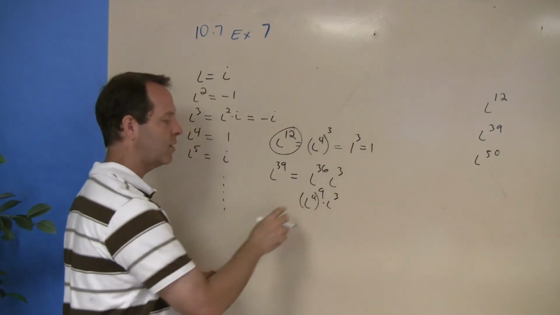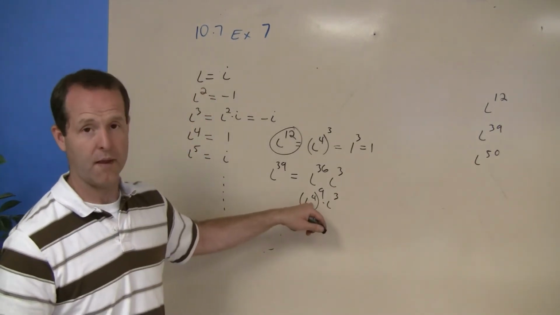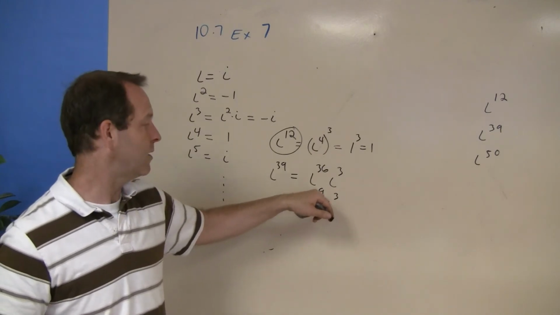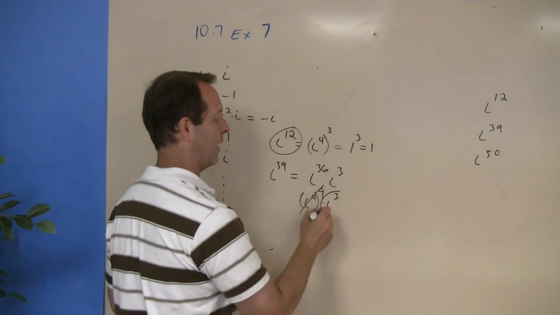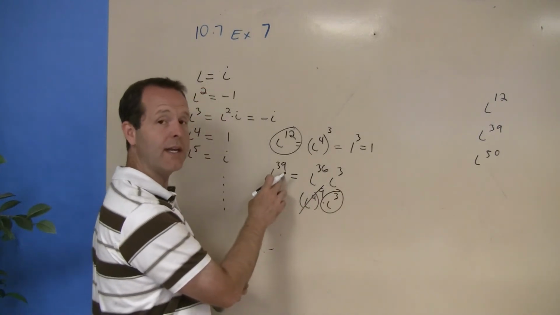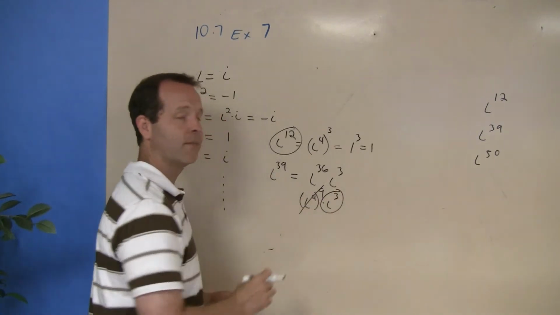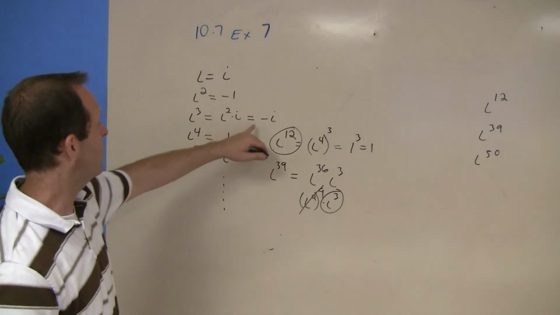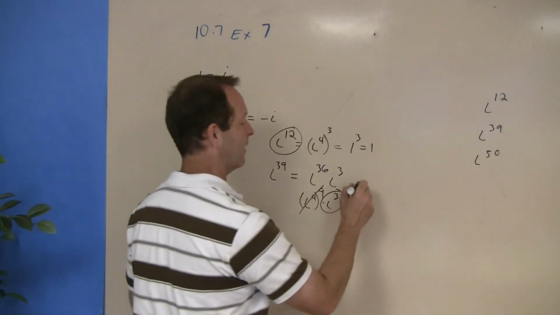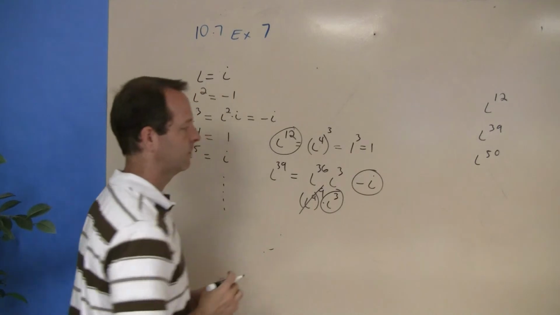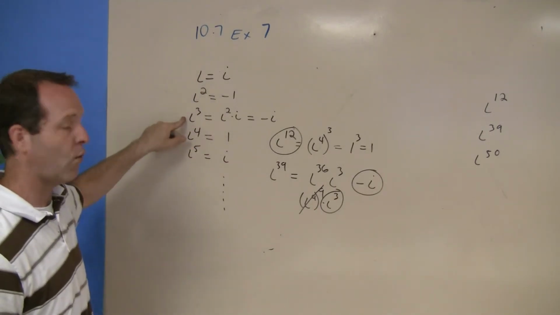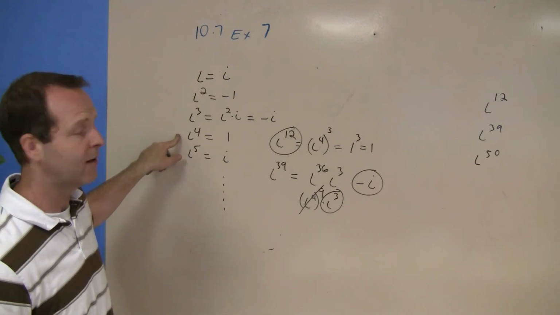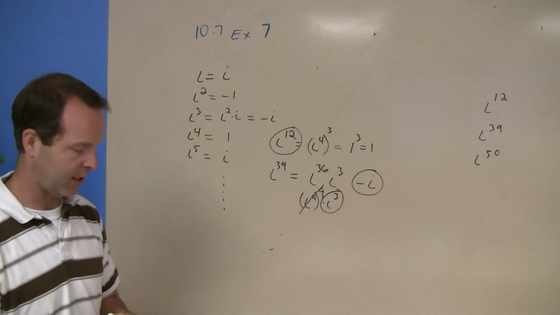Again, i to the 4th is just 1, and 1 to the 9th makes that go away, so I'm just left with i cubed. So i to the 39th reduces down to i to the 3rd, and i to the 3rd was -i. My goal is to reduce these problems down to one of these first 4, which you need to remember, so I can determine the simplification.